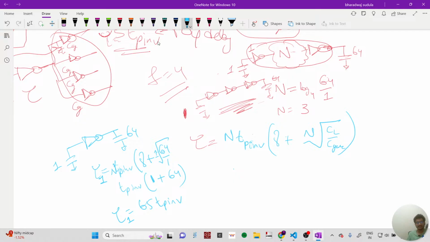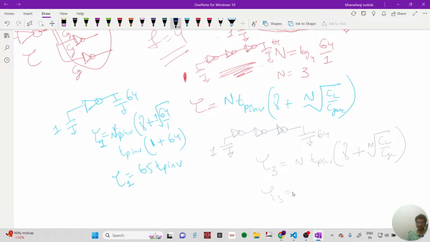If I cascade and form a 3 inverter chain, we think that delay will increase. Let's see, tau chain of 3 is n TP inverter gamma plus n root of CL by C gate.